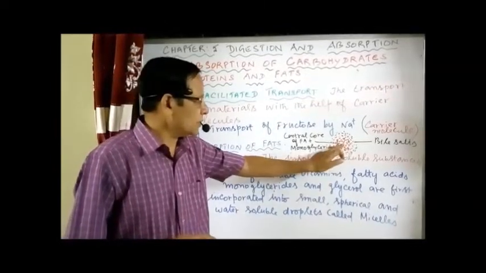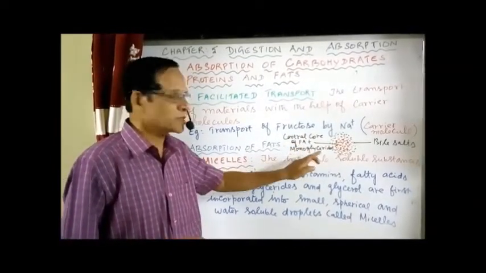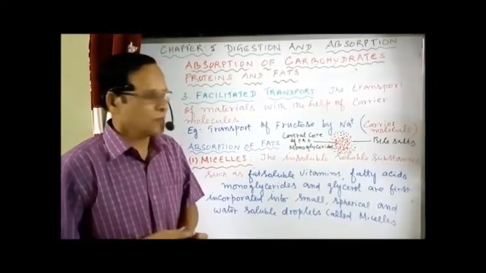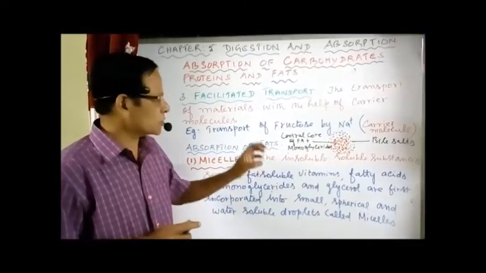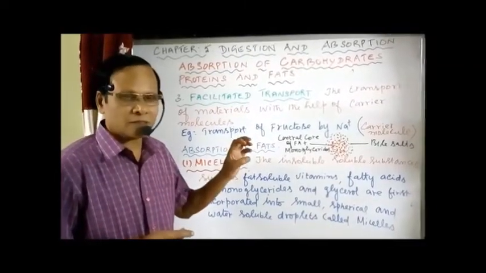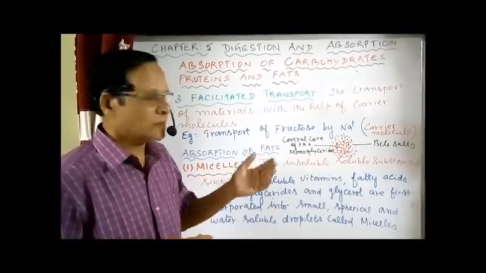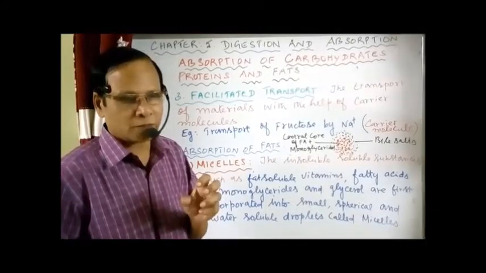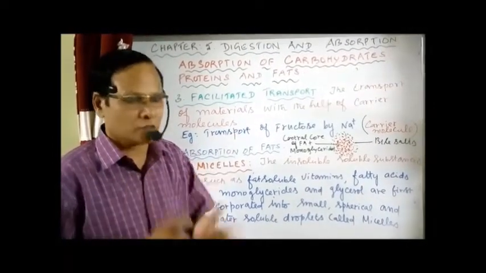The red one indicates a central core of the fatty acids plus monoglycerides, even cholesterol also, which is being surrounded by the bile salts. So this is what's called a micelle. A micelle consists of a central core of the fatty substances surrounded by bile salts. The micelles are nothing but water-soluble droplets formed after mixing with the bile salts.